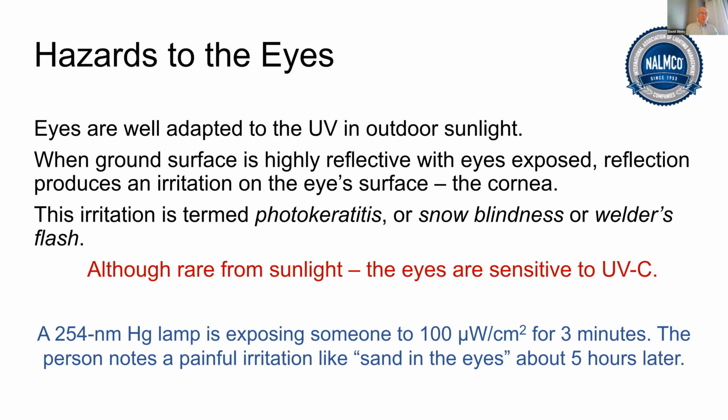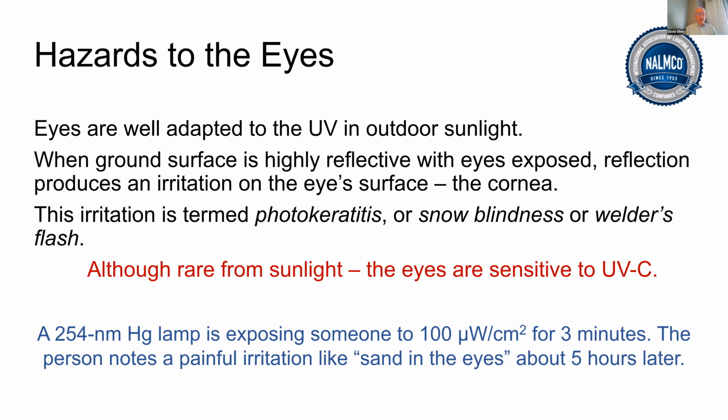So when we have an excessive exposure outdoors, it's generally if we have a very reflective surface like snow. And you may have heard of snow blindness, which occurs in the early spring when the sun starts to rise and we get a good dose reflected off of snow.